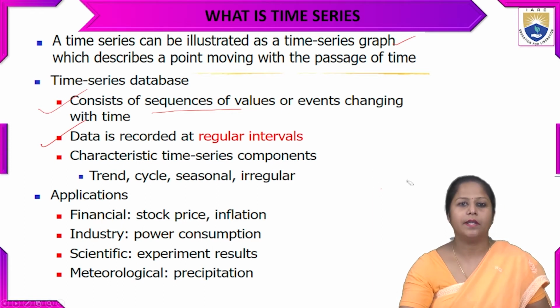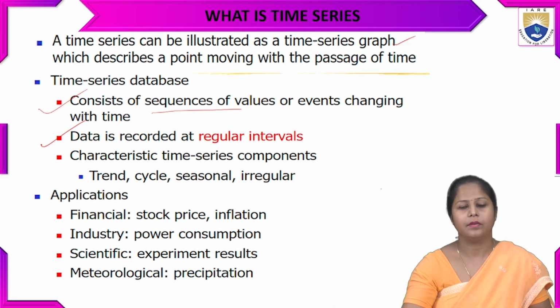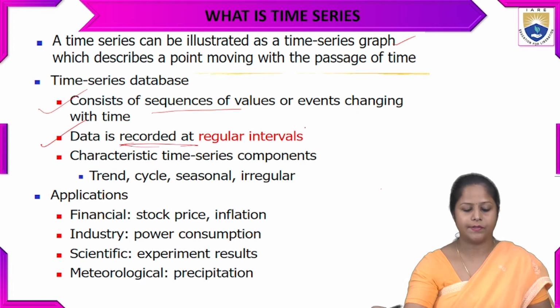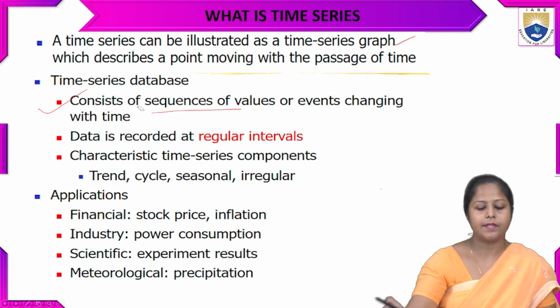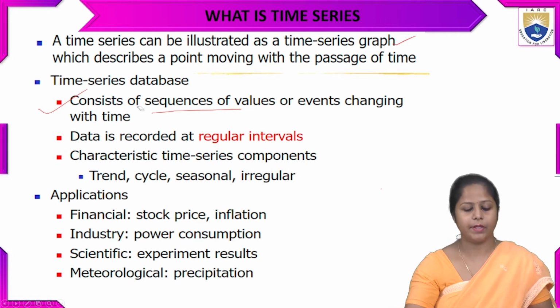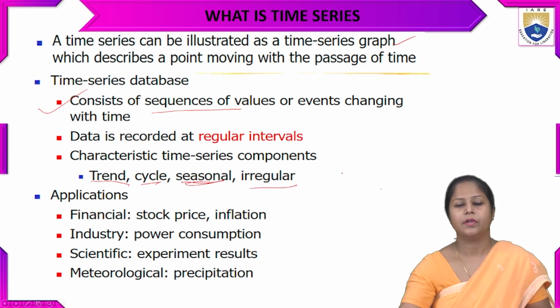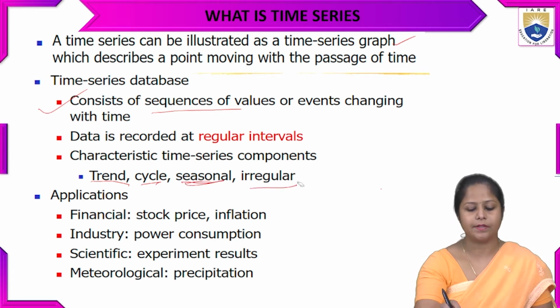So there were regular time intervals, right? Data will be recorded and stored in regular intervals. The characteristic time series components are trend, cycle, seasonal, and irregular.